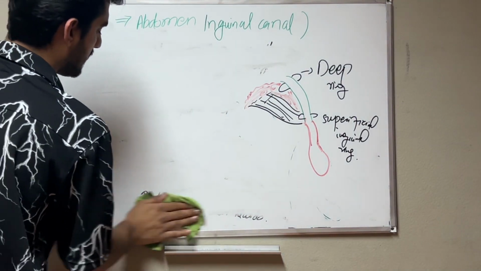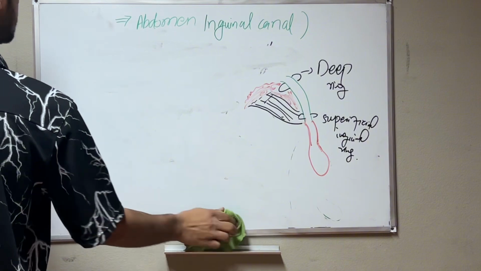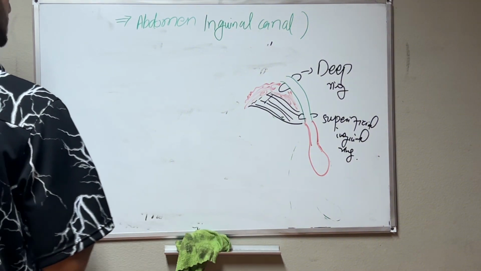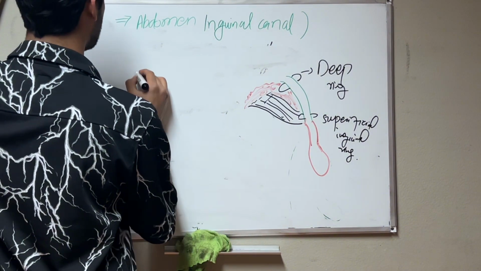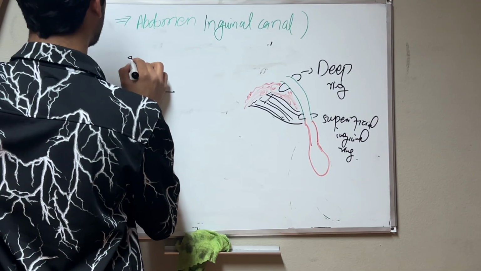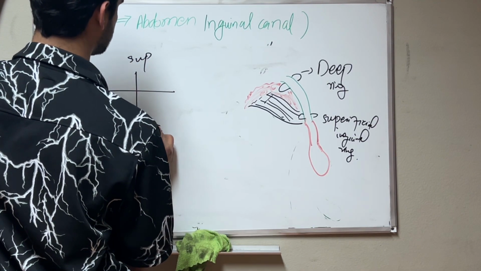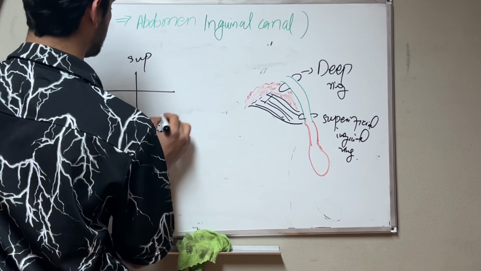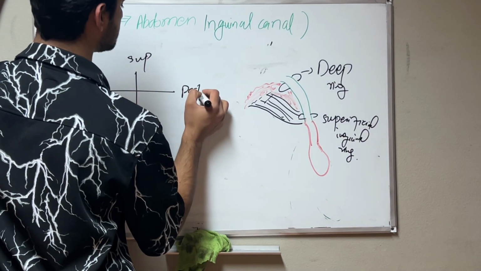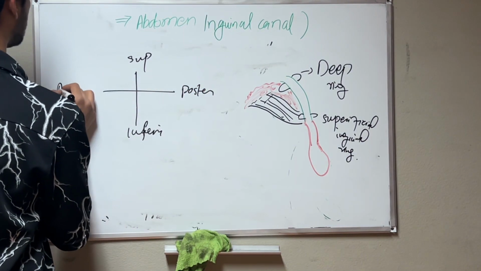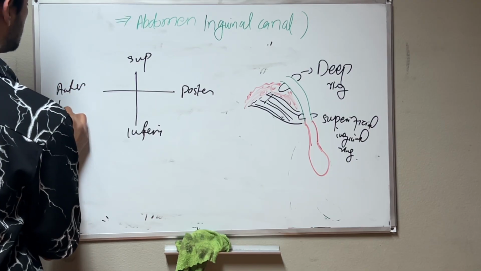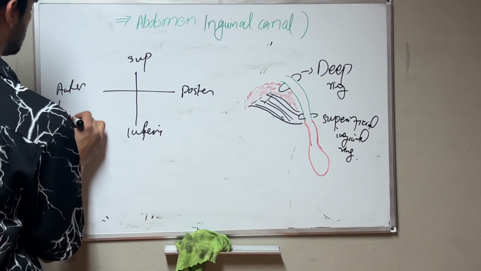If I put the inguinal canal simply like that, this is the superior wall, this is the inferior wall, this is the posterior wall, and this is the anterior wall. In the anterior wall we have the aponeurosis of the external oblique.